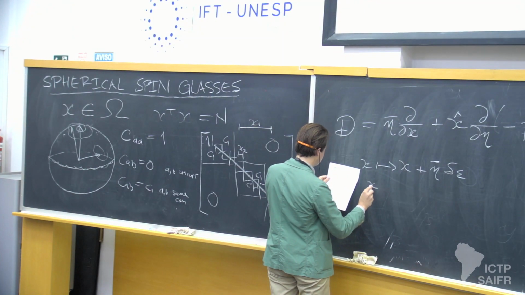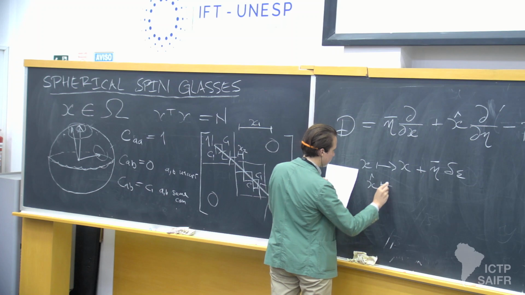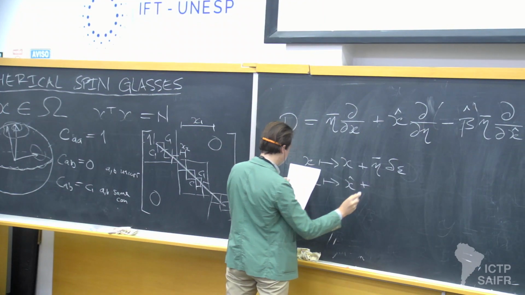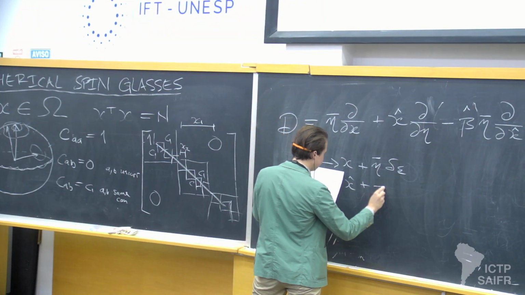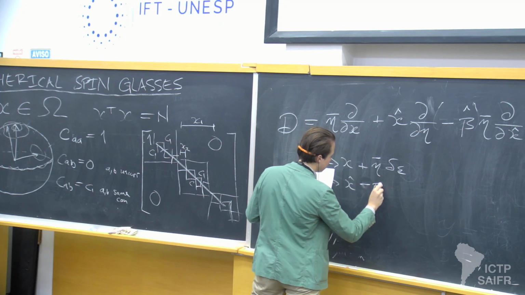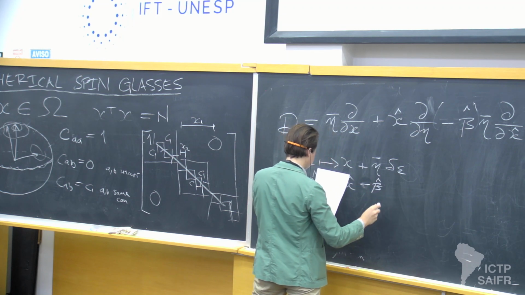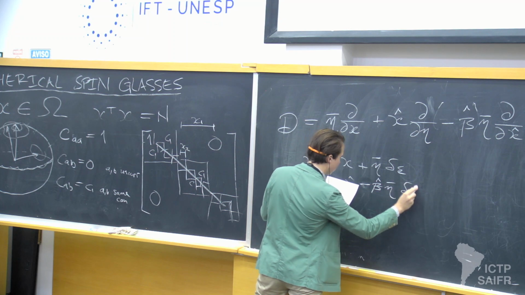X hat goes to x hat minus beta hat times eta bar times a small fermionic transformation.